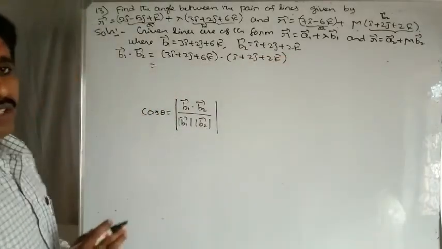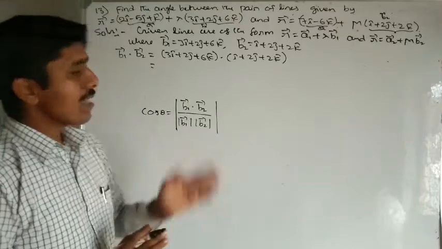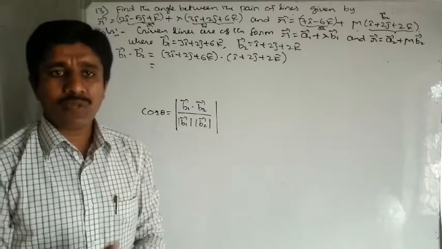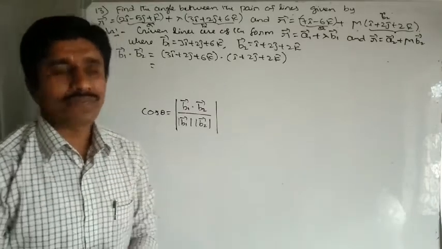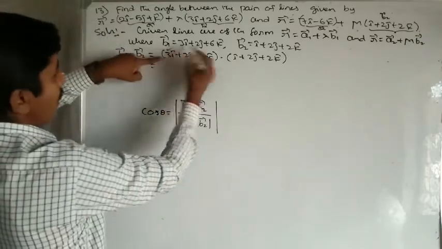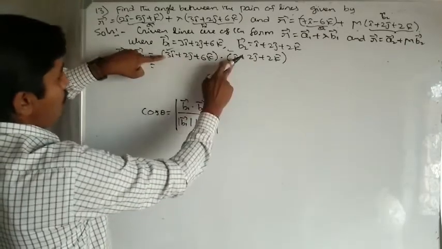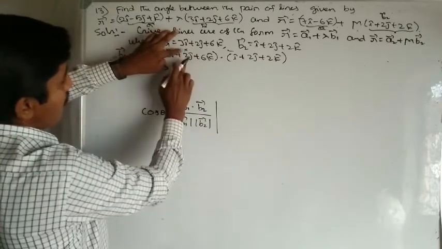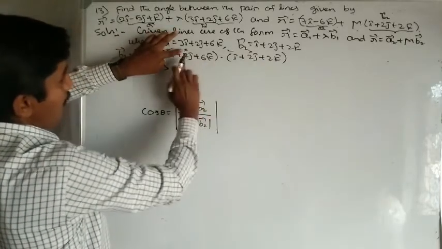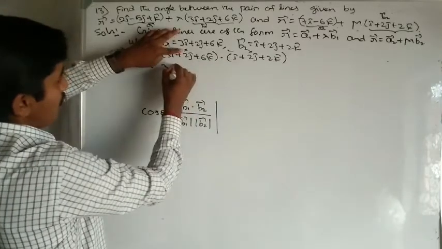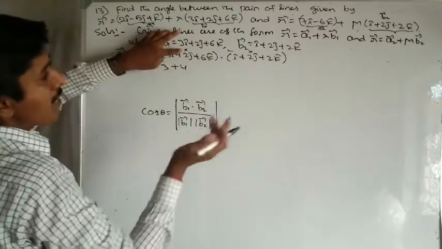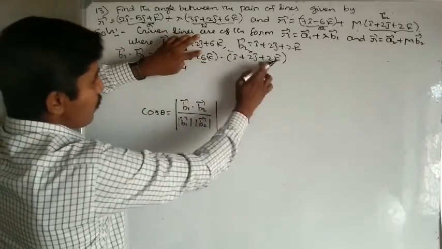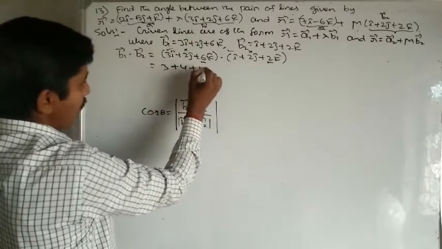How is the dot product defined? Multiply the corresponding i coefficients, j coefficients, and k coefficients, and add, and we get the dot value. The i coefficients are 3 and 1, so 3 into 1 is 3. The j coefficients are 2 and 2, so 2 into 2 is 4. The k coefficients are 6 and 2, so 6 into 2 is 12.